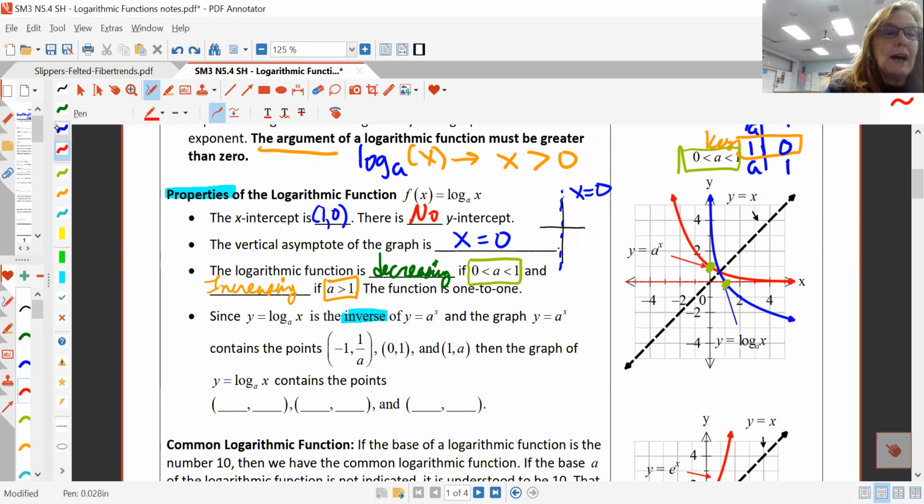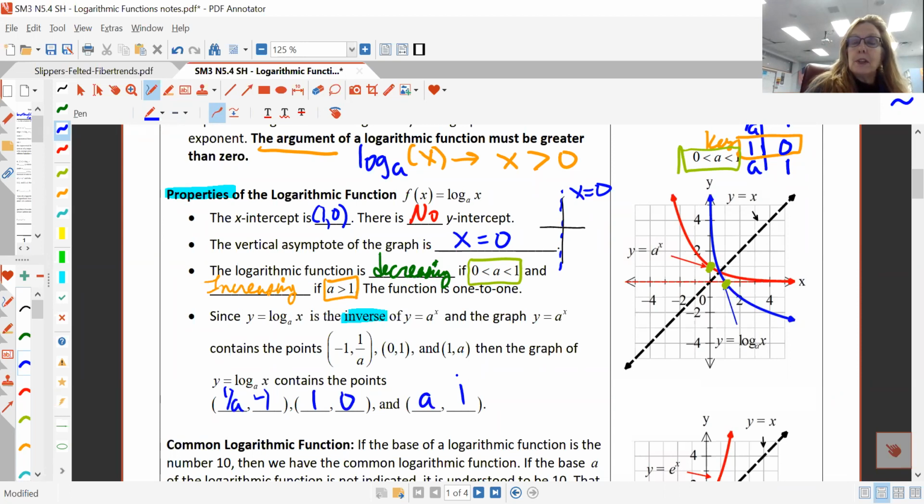So what I would have for my inverse graph would be 1 over a at -1, 1 at 0, and a at 1. And essentially that's what I put up on that top table, because I personally find it a little easier to look at it as a table versus just a list of points, okay?